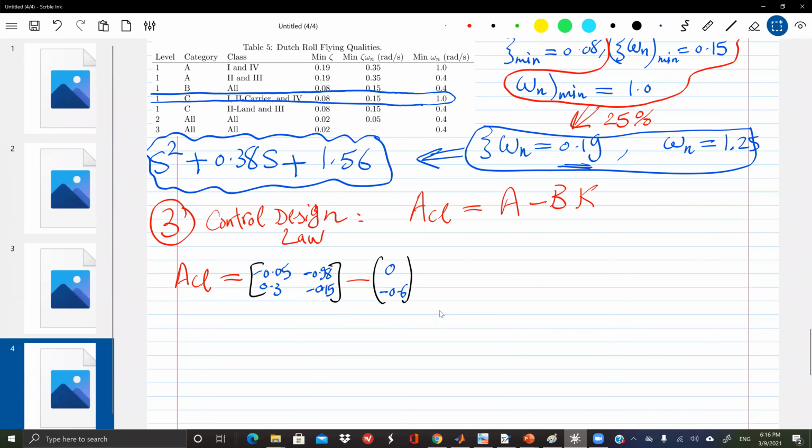So lambda I minus A closed loop is equal to, and I'm going to copy this. Oopsies, what did I do? Okay, fine.